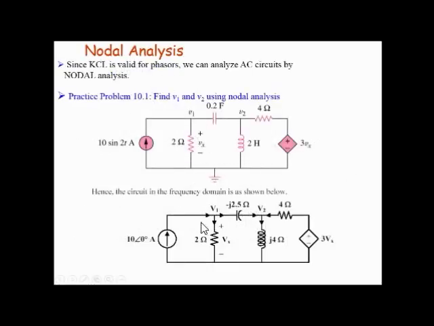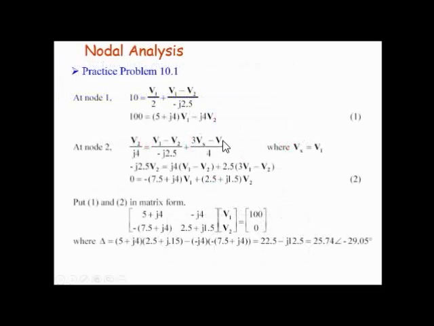It is quite clear from this figure. Similarly, after simplifying into an equation, we get 100 equals (5 plus j4) V1 minus j4 V2. Now at node 2, the second node, we can write V2 by j4 equals (V1 minus V2) by minus j2.5 plus (3Vx minus V2) by 4, where Vx equals V1.